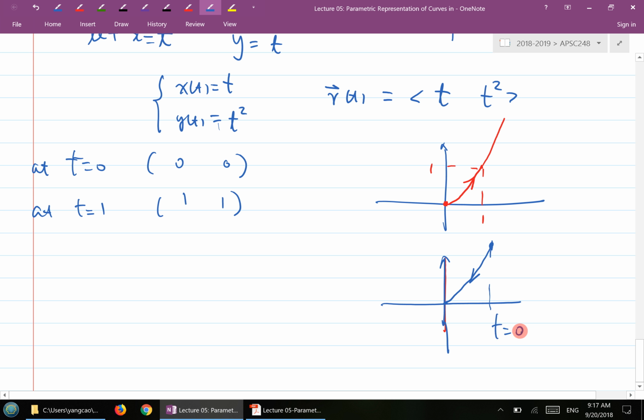This is your t equal to 0, and let's say this is 1 here. And this is your end point, which we call t equal to 1. So when t equal to 0, it starts here. When t equal to 1, it ends up here. The point is still on the same curve, but it's a completely different motion now. Then what would be the parametric equation representing this particular motion?